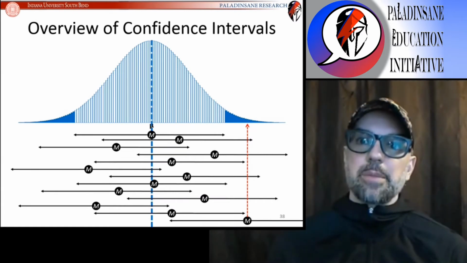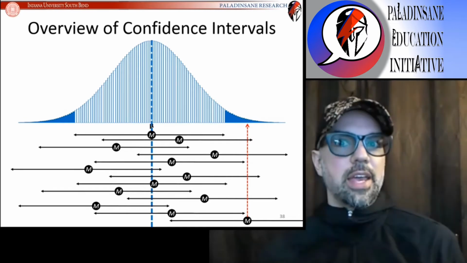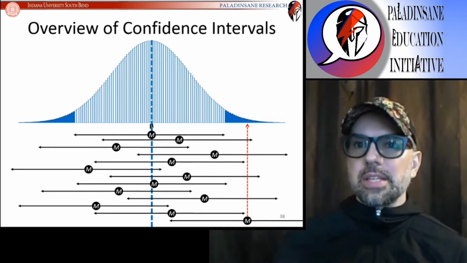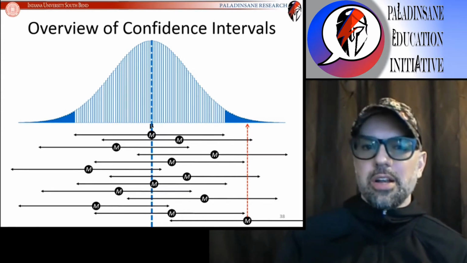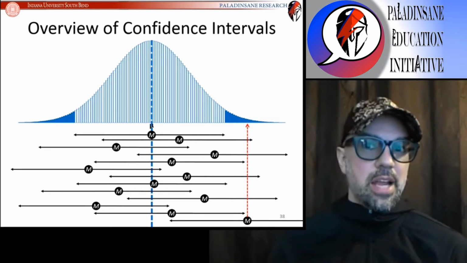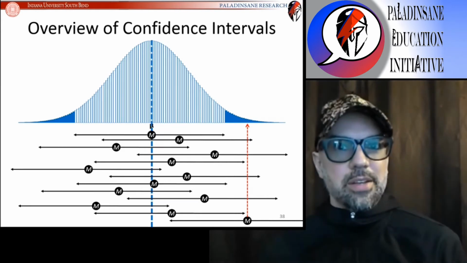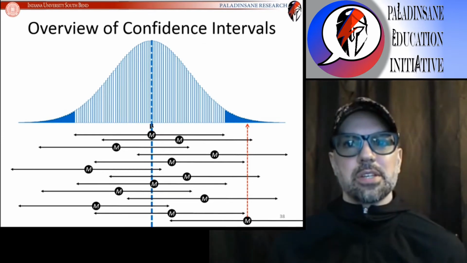Therefore, we only have a 5% chance of our interval missing the estimate, and hopefully you can guess the ending here. If we have a 5% chance of our interval missing the estimate, then we have a 95% chance of our interval getting it correct. If we have a 95% chance of getting it correct, we can be 95% confident that we're going to estimate it correctly, hence the 95% confidence interval.